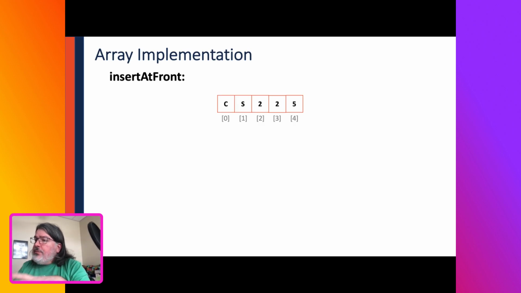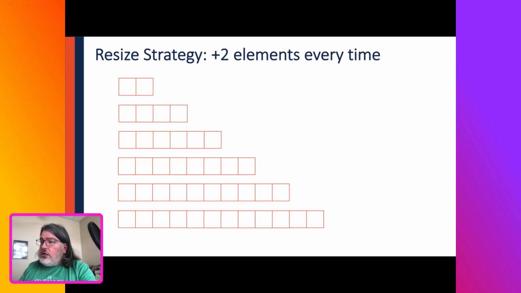So, we were talking about the array implementation of lists, right? And we had specifically gotten onto resize strategy. We had gone through the analysis of a resize strategy of: if we're full, what do we do?